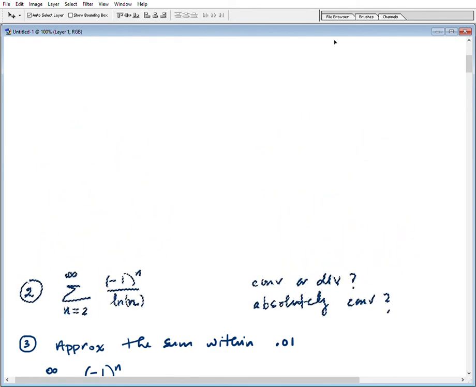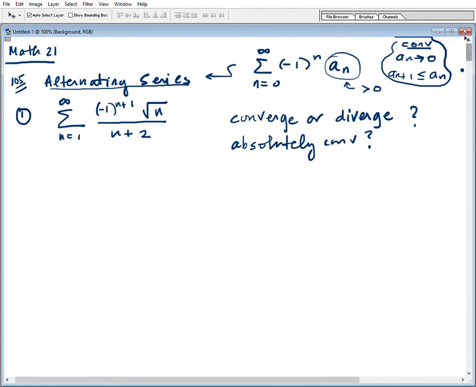Okay, so we want to show this first, that a_n goes to 0. Let's show that first. All right, so that's the first one. Let's say we want to show a_n goes to 0.